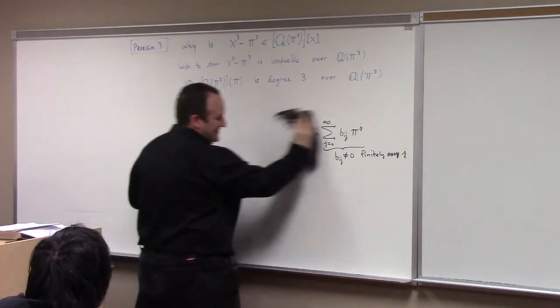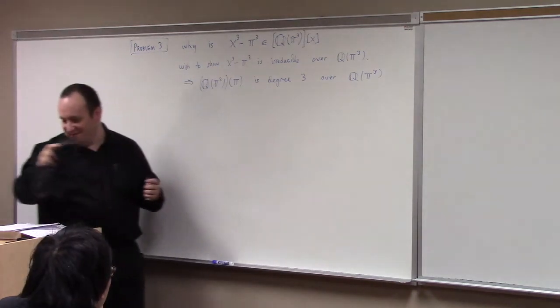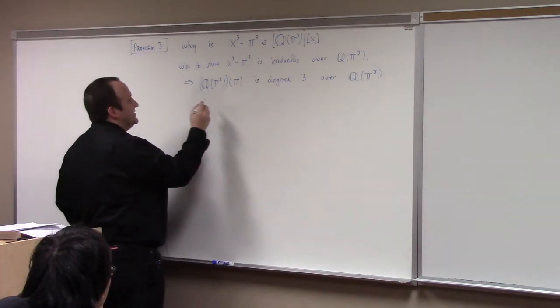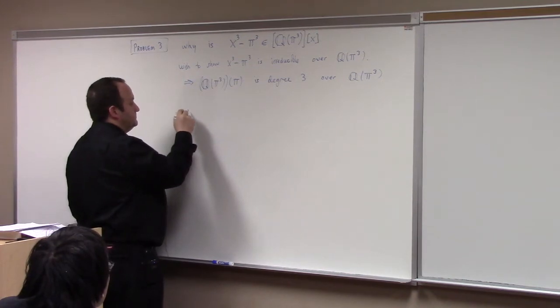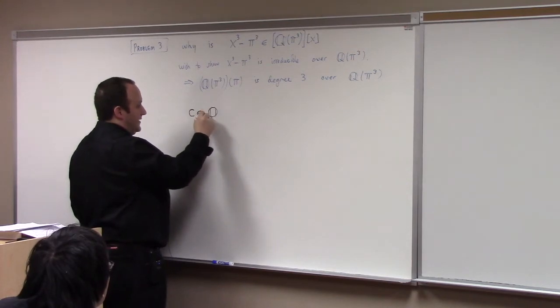Let's try this again. Let's just suppose that a constant c is an element of Q adjoin pi, right?